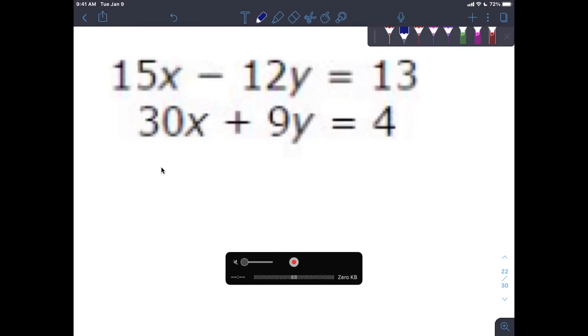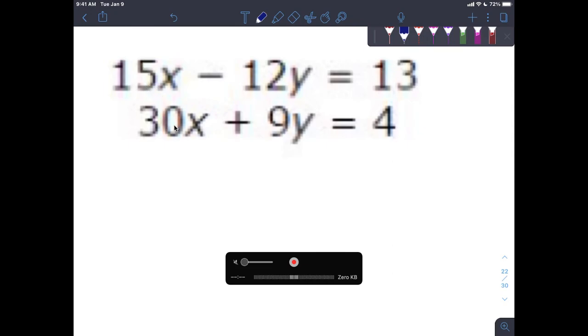So I'll look at these and I'll say, okay, 30, 15, negative 12, positive 9. These don't really have anything in common. I mean, they have a 3, but we would have to multiply all the way up to 36. So multiply this guy times 3, this guy times 4 in order to get them to cancel. That's a lot going on. I like to just multiply one equation. So I look at these and I say, okay, 15 and 30.